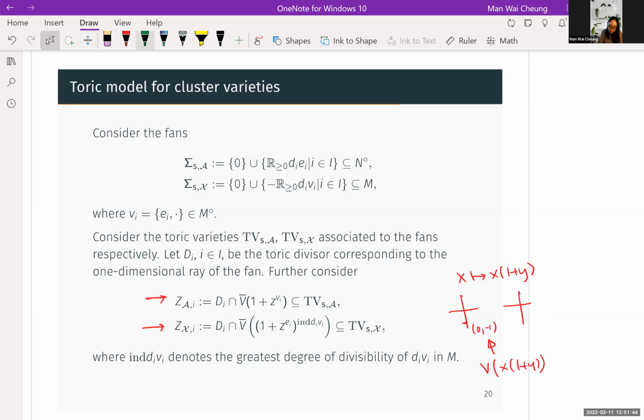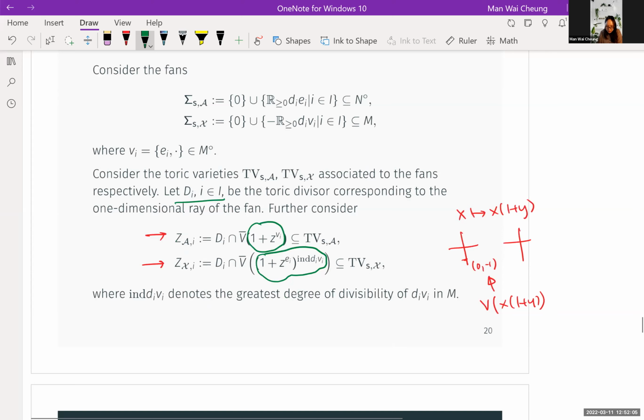Those are just the mutation maps that we had before when we talked about the A and X mutation. So we just look at the zeros of those mutation maps, and then we intersect with our toric divisor, and then we blow up there.